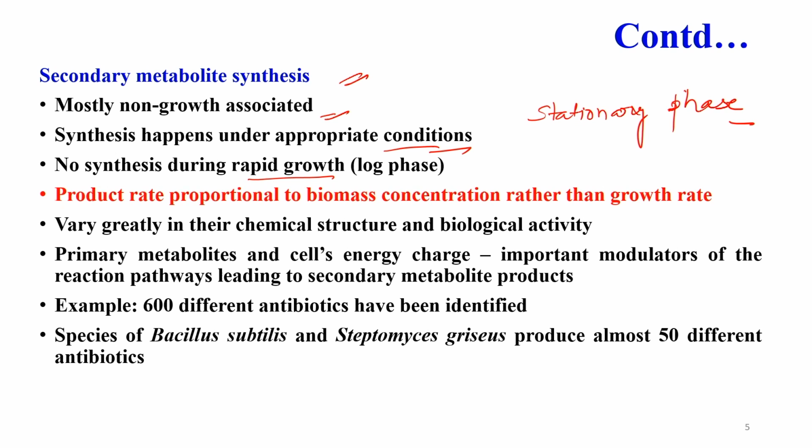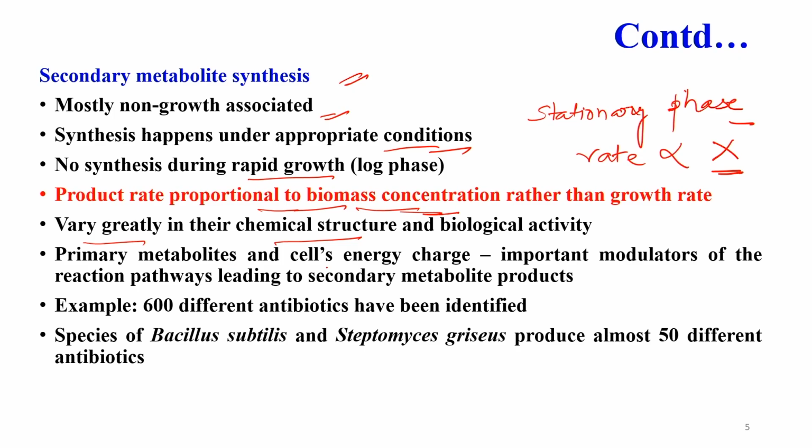In this case, the product formation is not proportional to the rate of biomass growth; rather, it is proportional to the biomass concentration. So, here the rate is proportional to x, because this is directly dealing with the stationary phase. We have previously discussed the characteristics of secondary metabolites. They vary greatly in their chemical structure and biological activity.